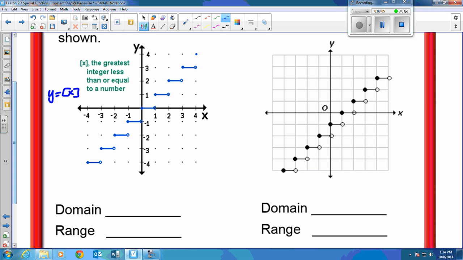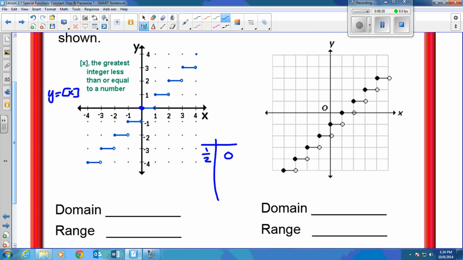So you'll study this in pre-cal, but when x is 0, what's the greatest whole number less than or equal to 0? 0. All right, when x is 1/2, what's the greatest whole number less than or equal to 1/2? 0.